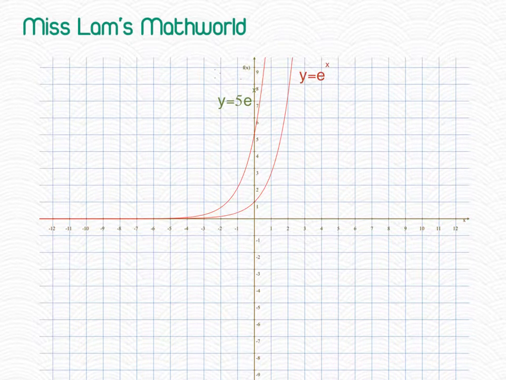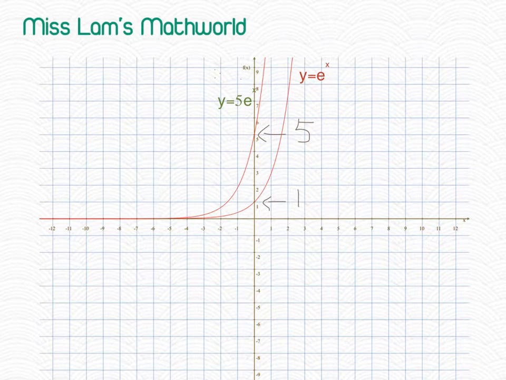That means each y-coordinate is 5 times as before. So, our concern is the y-intercept of the graph: it goes from 1 to 5.